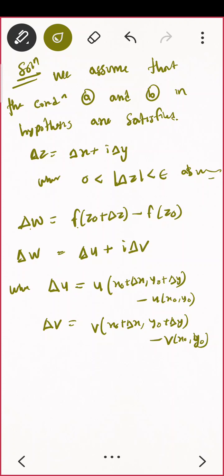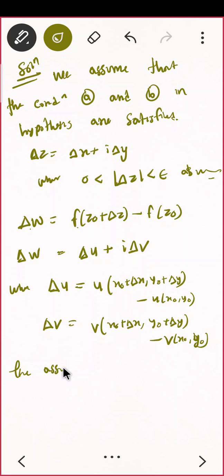Now, if you remember your semester 3 SYBSc, whenever your function is differentiable or whenever your partial derivatives are continuous, we can use something. What is that something? Let me write, then you will remember.